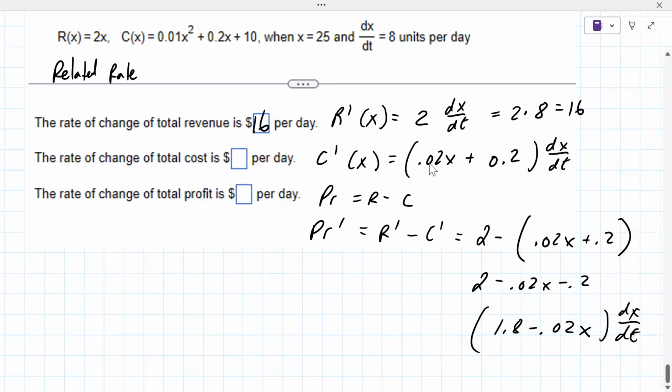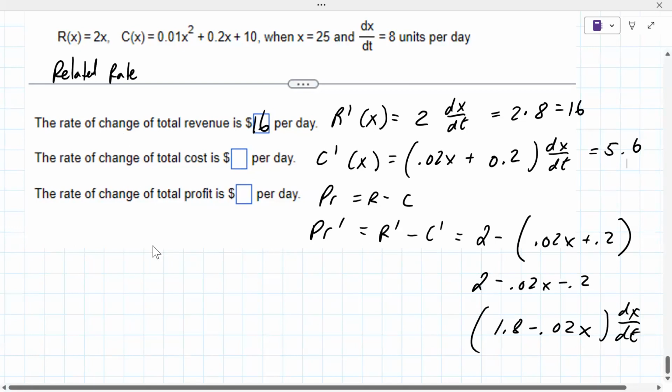Cost function C prime here, we've got to put in 25 for x and 8 for dx dt. So I'll do that in the calculator. So we've got 8 times 0.02x plus 0.2. So I got 5.6 for that. Probably good to double check these.